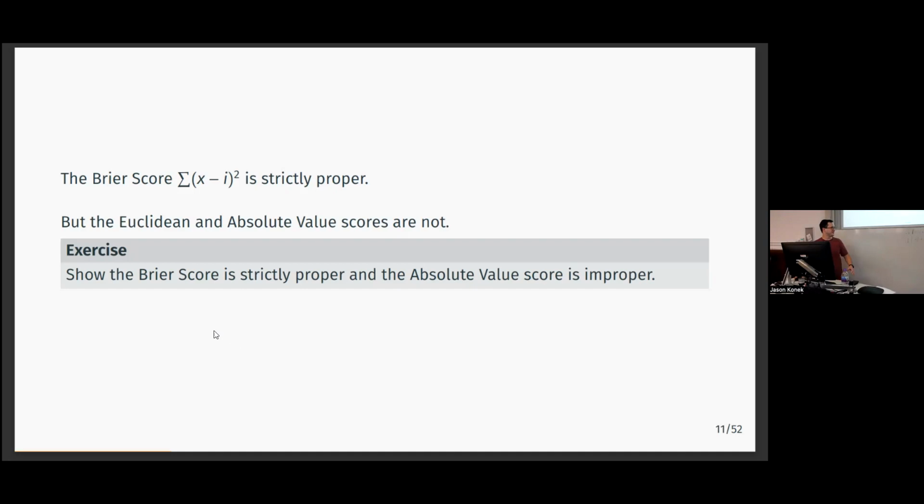The Euclidean score, oddly, is not proper, is actually improper. But if you square it to the Brier score, it's proper. That's harder to work with than the absolute value score, but you can convince yourself of that as well. Is there an intuitive explanation of why squaring makes a difference?